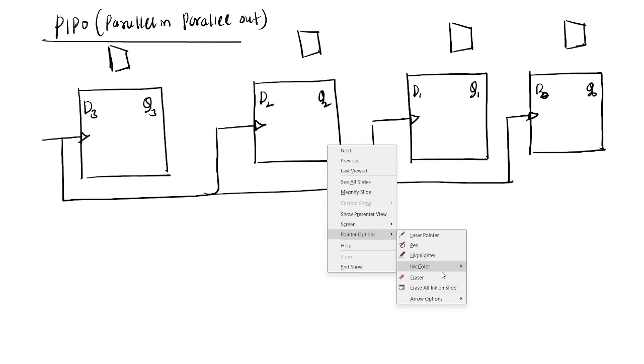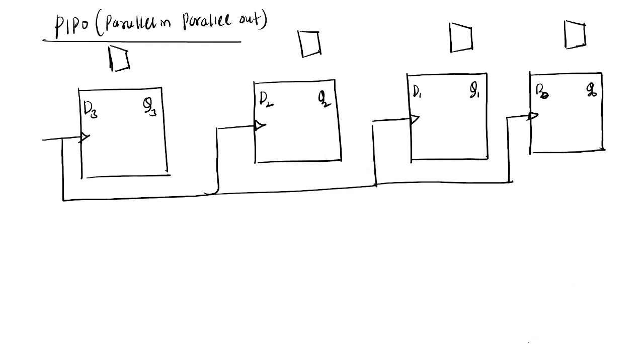How I am connecting: D3 I am connecting to input 1, so D2 also I am connecting to I1, and D1 I am connecting to 1, and D naught also I am connecting to 1. And these zeros, I am connecting to ground. I naught I am connecting to ground.